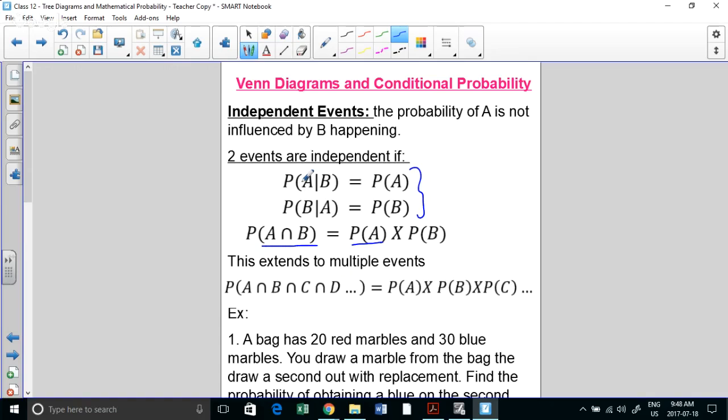Well, whether or not I roll a 6, that's not going to influence whether or not I get tails. Those two things do not influence each other whatsoever, so they're called independent. So what is the probability of getting tails given that I rolled a 6? Well, it's still just a half, because that 6 has nothing to do with my heads or tails.